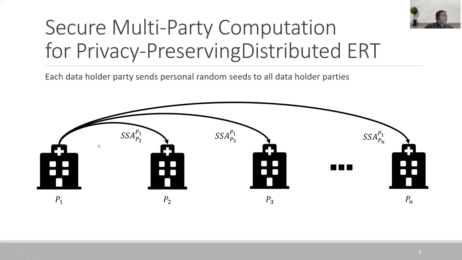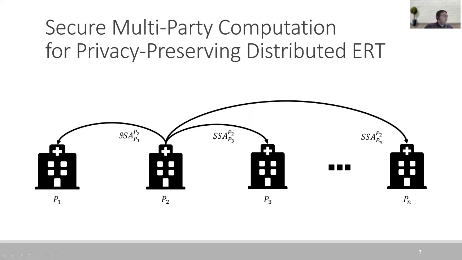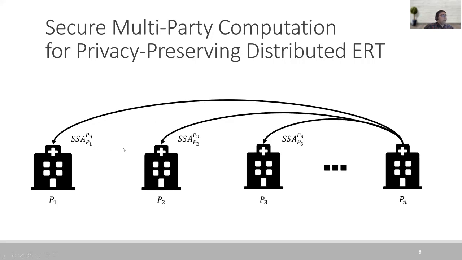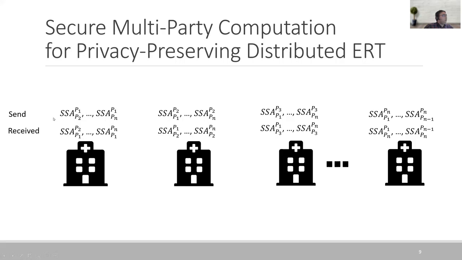The seed is unique for each pair of parties, so the seed that P1 sends to P2 is different from the seed that P2 sends to P1. After the initialization, every party sends n-1 seeds for the random function to other parties, in which n is the number of parties, and it also receives n-1 seeds from other parties.